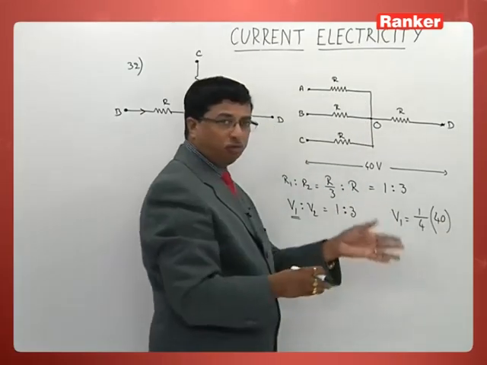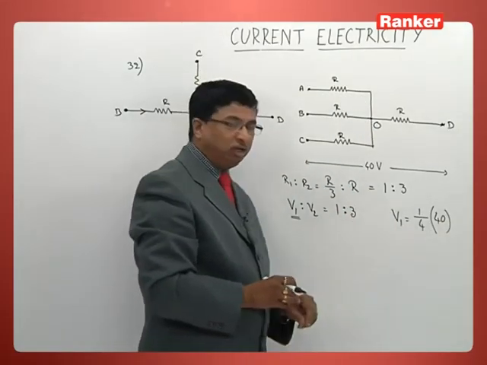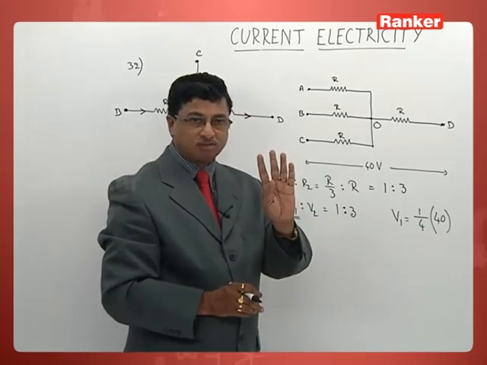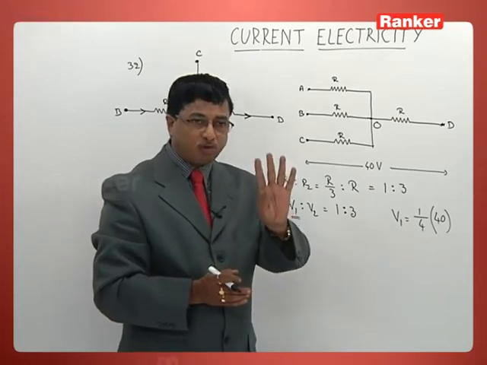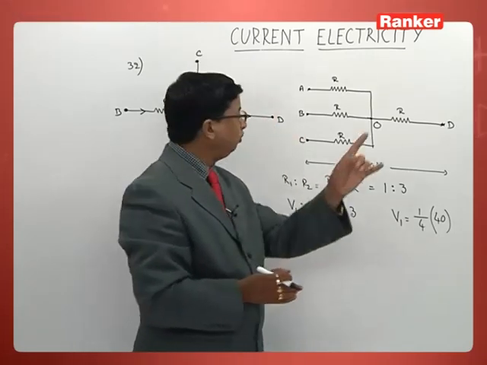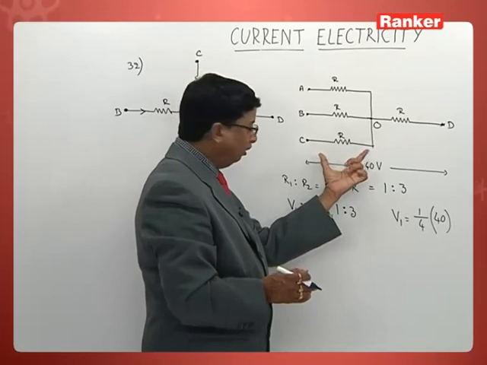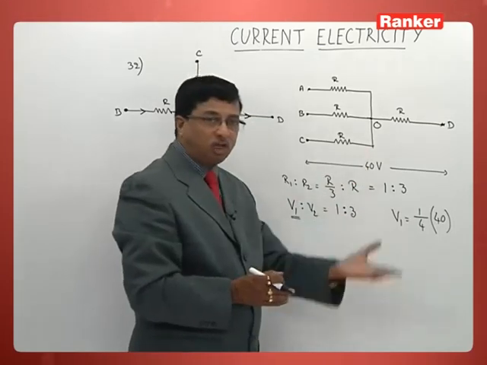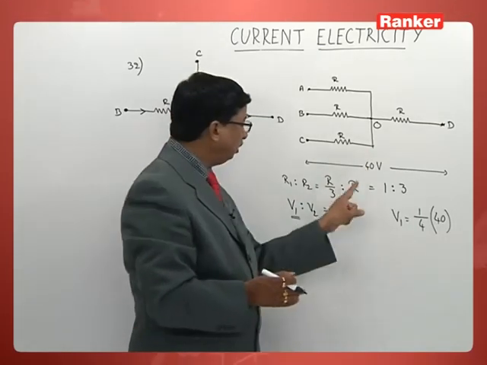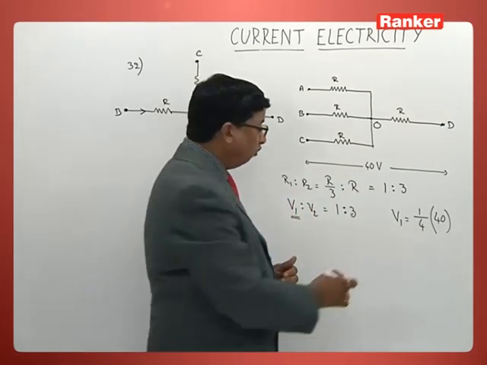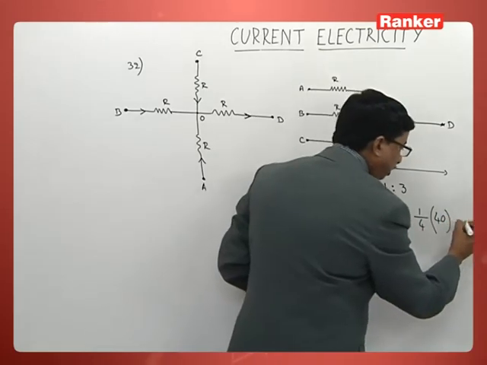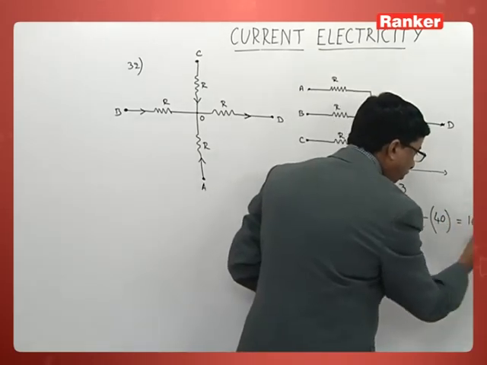Why 1/4? 1:3 means totally 4 parts. 1 part and 3 parts, put together 4. Out of 4 parts, 1 part you have to provide to this. So is it not 1/4 of the total applied voltage? What is the applied voltage given here? 40 volt given. Therefore, 1/4 of 40 now becomes 10 volt.